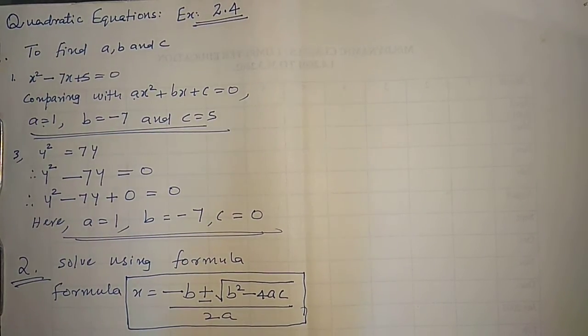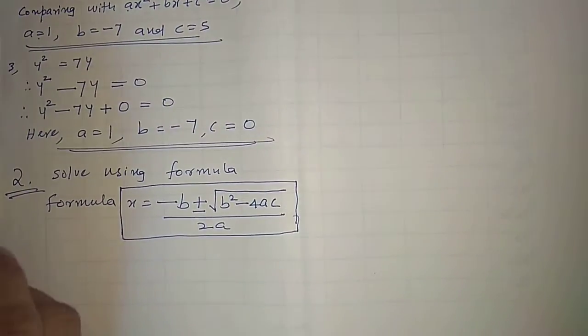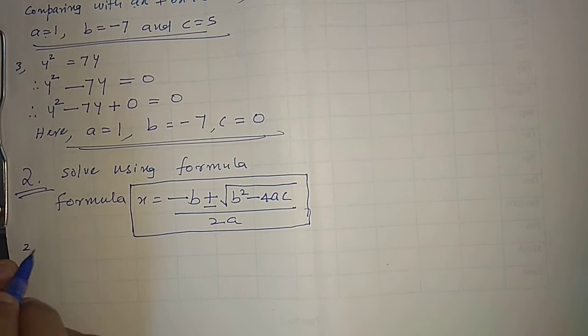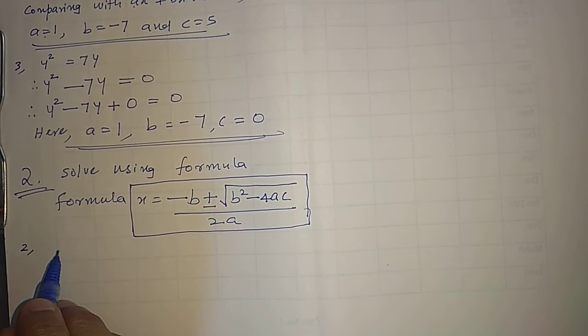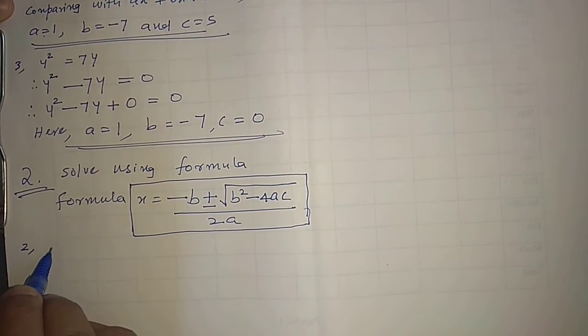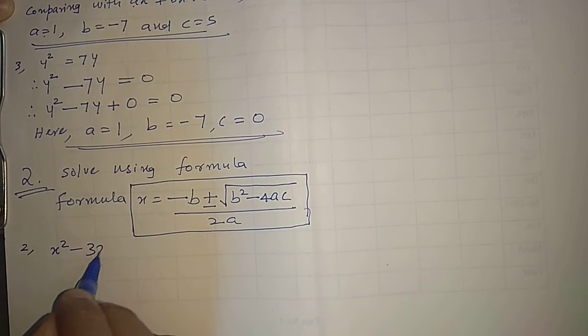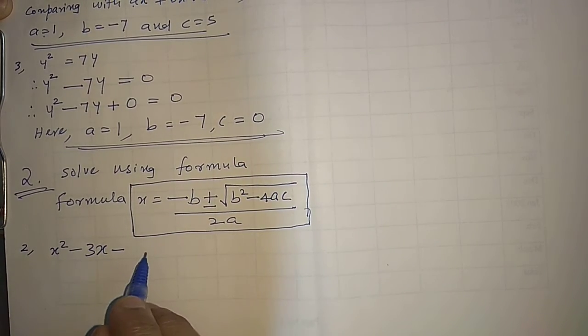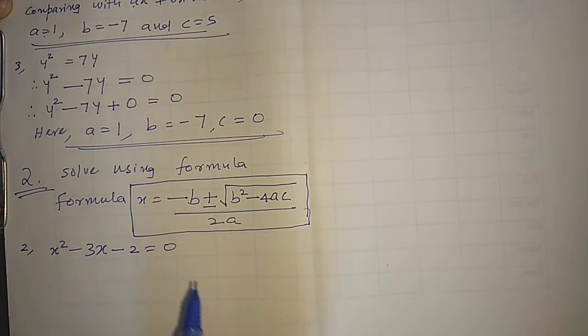Now we do the even questions. Main question 2, subquestion number 2. What is that? It is x square minus 3x minus 2 equal to 0.